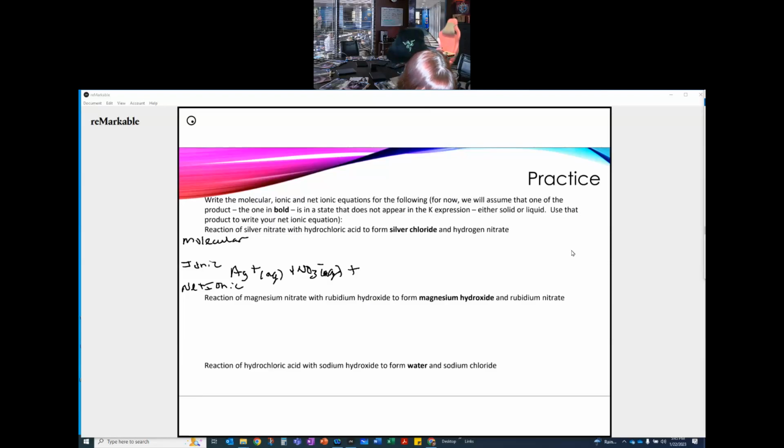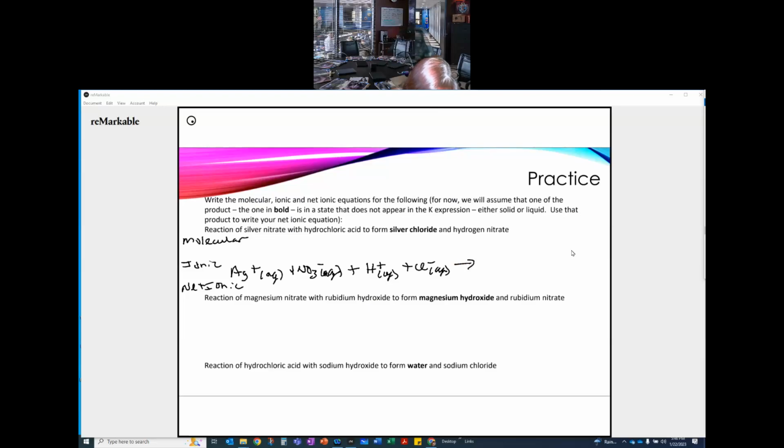Okay, I'm reacting that with hydrochloric acid, which is an H plus and a Cl minus. Okay, and it's an Ag plus and an NO3 minus, so that's balanced as those are, and an H plus and a Cl minus, so those are balanced as they are.